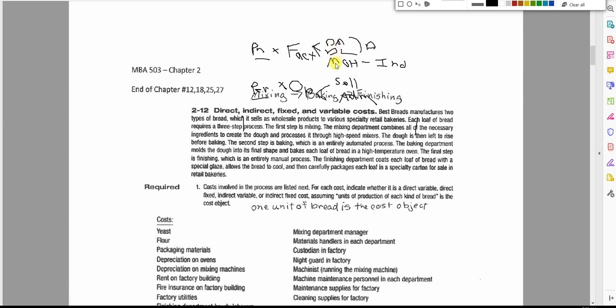However, you could say it's indirect if it's very small. So again, look at the solutions.